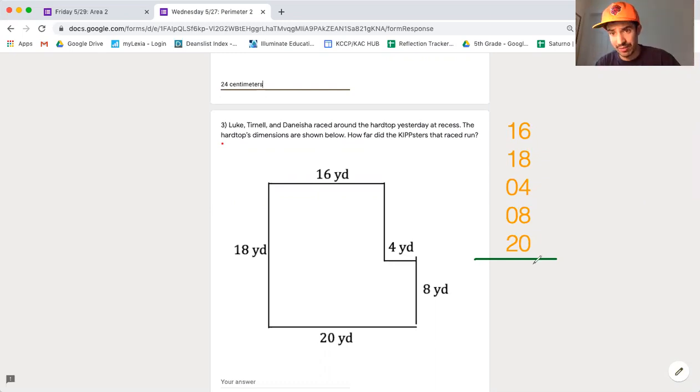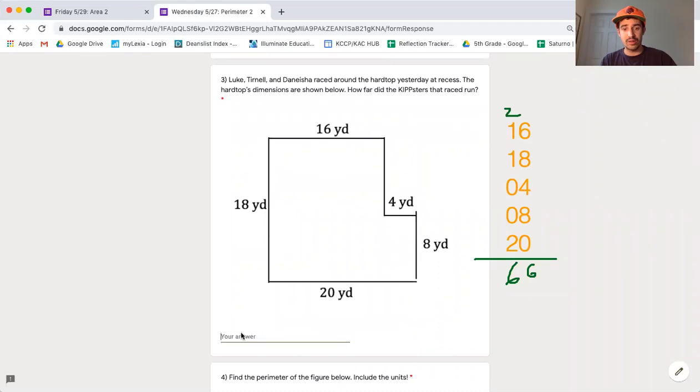So I have a 6 here in my ones place. And since it was 26, I'll put my 2 up top. 2 plus 1 is 3, 4, 5, 6. So it should be 66 yards, 66 yards.